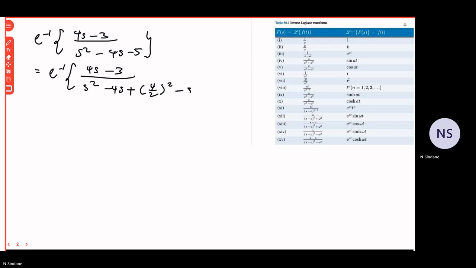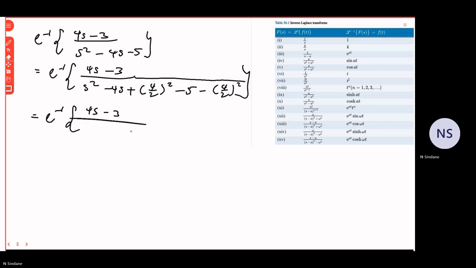Let's not touch the numerator; let's deal with the denominator. Sorry for that. This will be 4s minus 3 divided by s squared minus 4s plus 4 minus 5 minus 4.